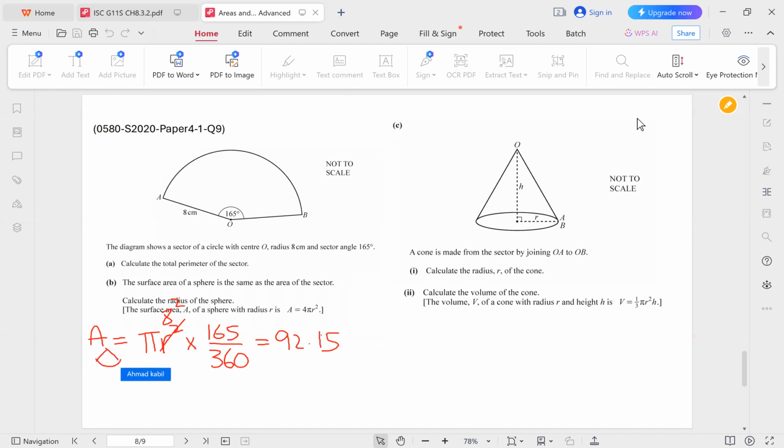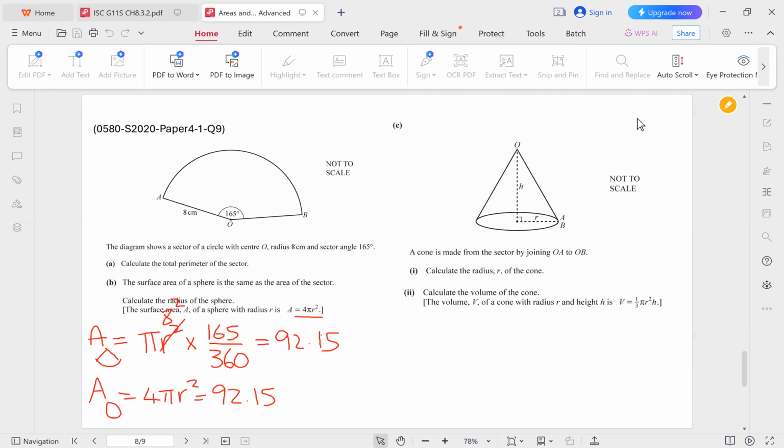We want the radius of a sphere which has the same surface area as the area of the sector. So the area of the sphere, which is given as 4 pi r squared, is equivalent to the area of the sector, which is 92.15. Now we want to get R like we did before.